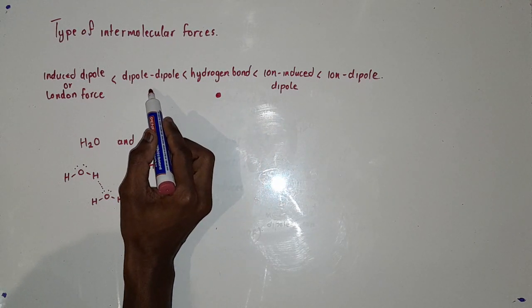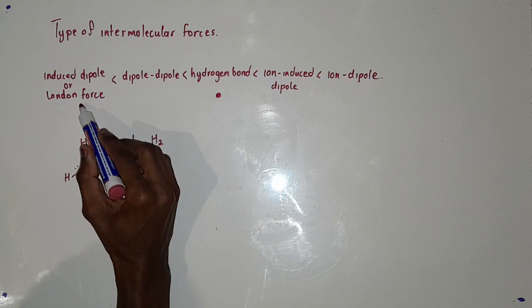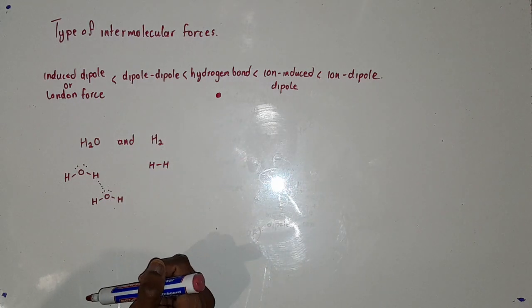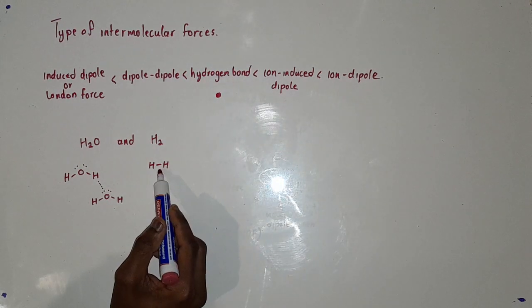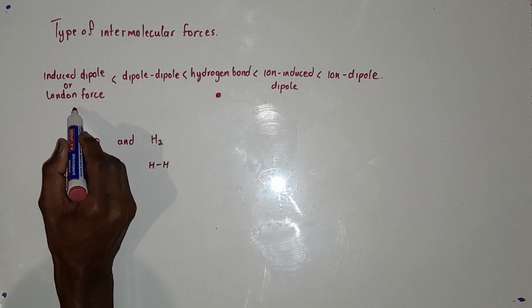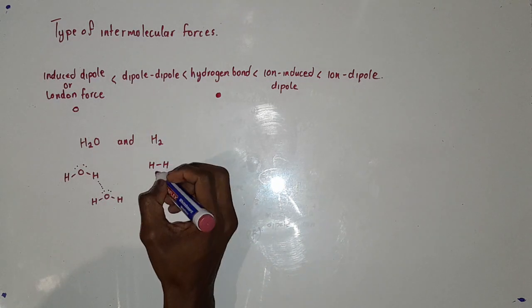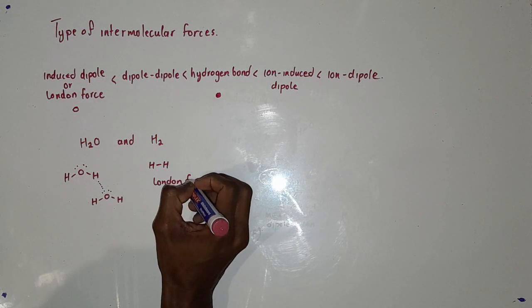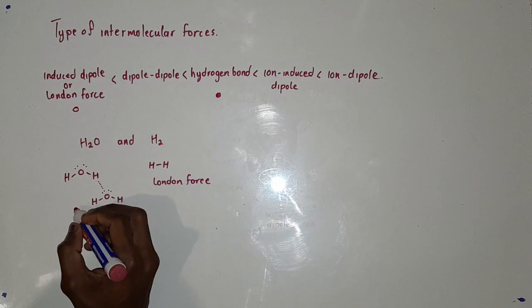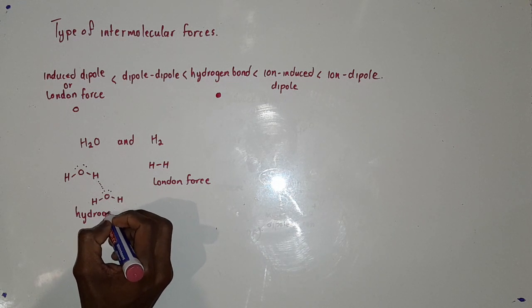Then we also find the dipole, we also find the induced dipole, but the dominating one is going to be the hydrogen bond. Then this one is going to form London forces. You see, this one is going to form London forces. Then this one is going to form hydrogen bond in between.